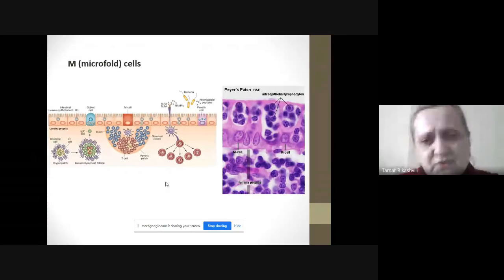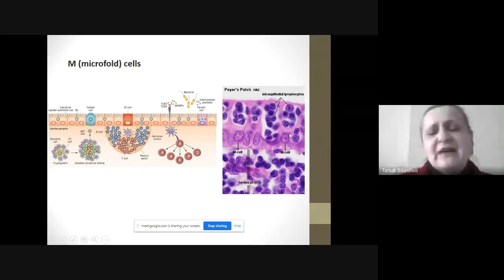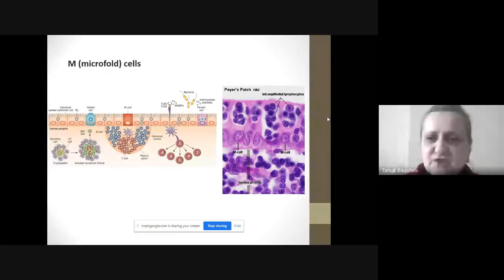M cells are large cells, and the basal membrane of these cells forms pockets. The M cells are specific cells for Peyer's patches.